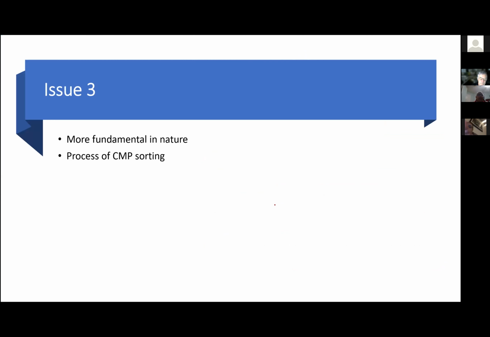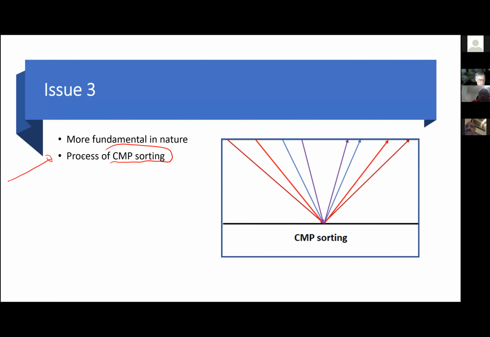Another issue which we completely ignored, and I think everybody who works in this field ignores, is more fundamental: the process. We are using CMP domain data, right? We are doing CMP sorting. So how do we do CMP sorting? We take the source and receiver pairs from different shots which share the common midpoint.